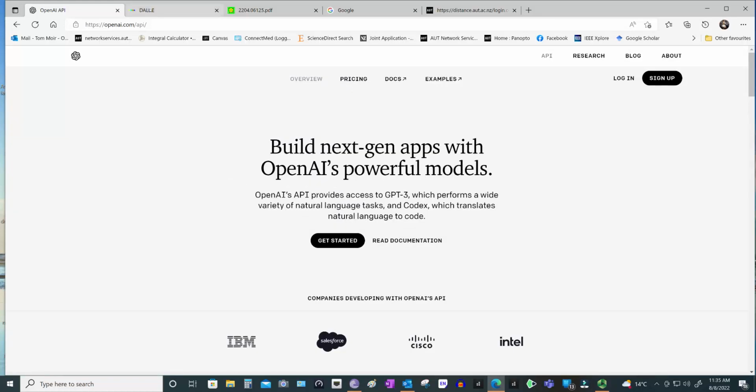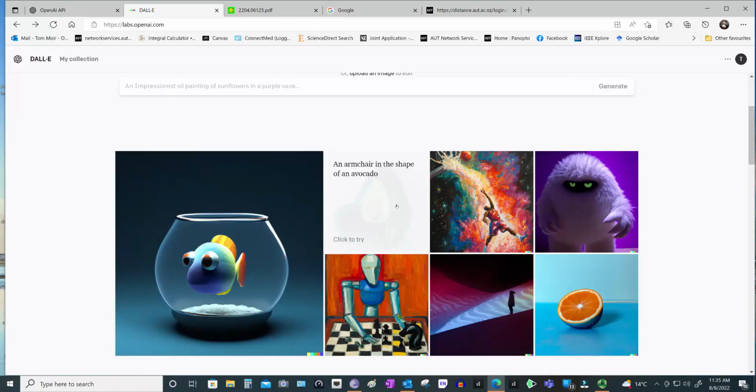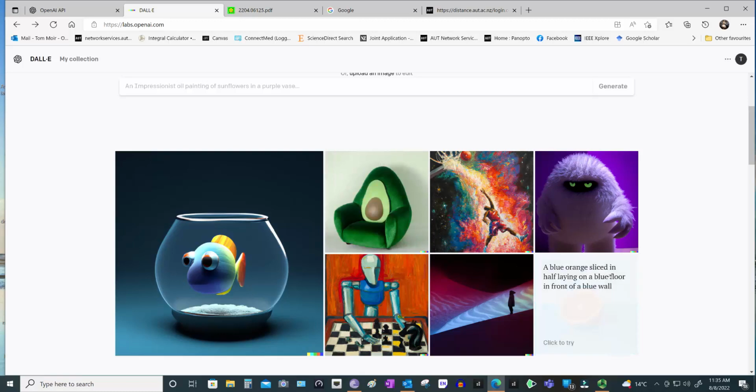And without more ado, I think I'm just going to dive right in and do an example. So when you do this, you get free credits once you're accepted. I've nearly used all mine up. I've only got 5 left, but I can show you the examples I've got. These are the ones that come with the package. For example, an armchair in the shape of an avocado.